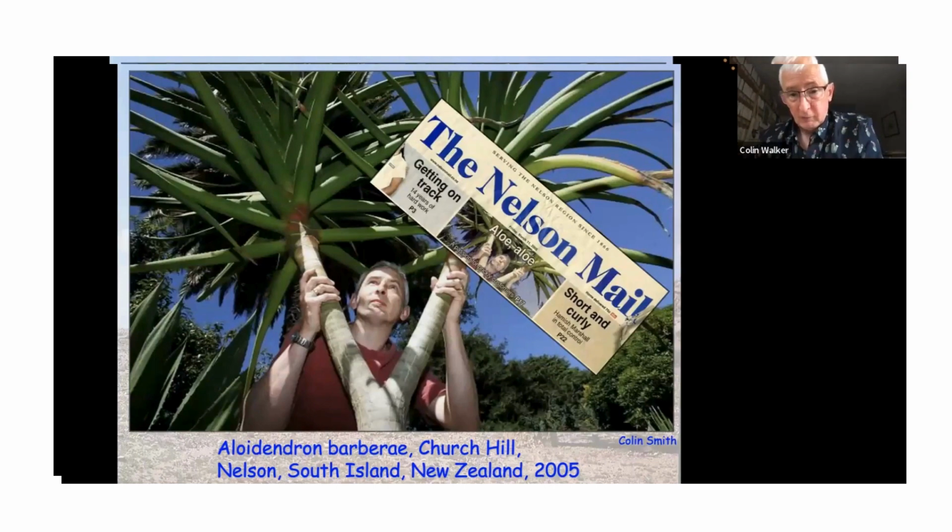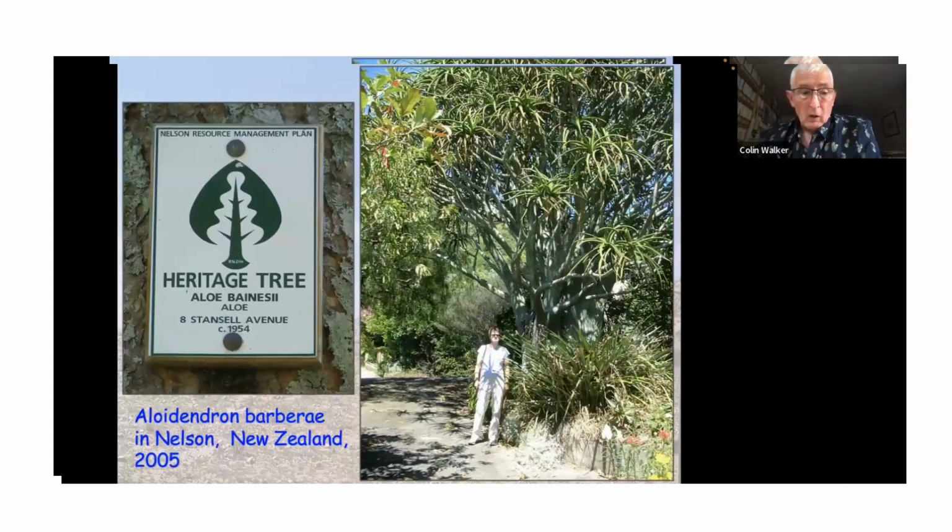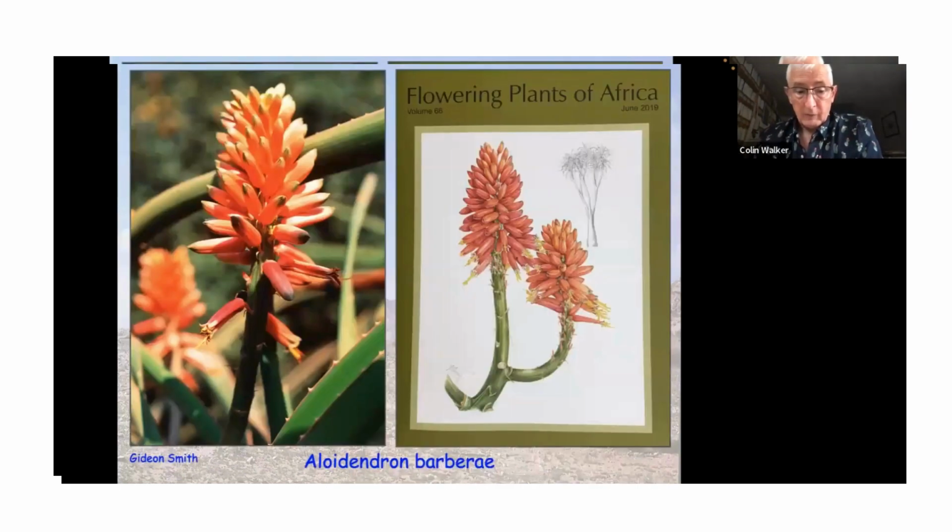It certainly wasn't me. We also visited a heritage tree of what they called Aloe bainesii. Again, you see the taxonomy is out of date. So we're close to Nelson. This tree was planted in circa 1954, and there's my wife, Marjorie, for scale of that tree, photographed in 2005.